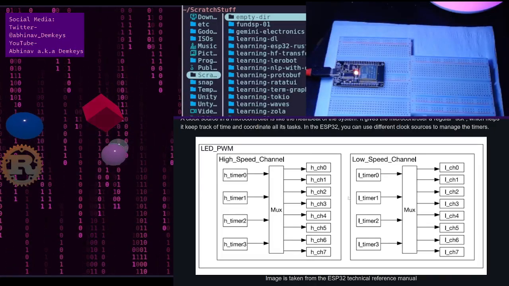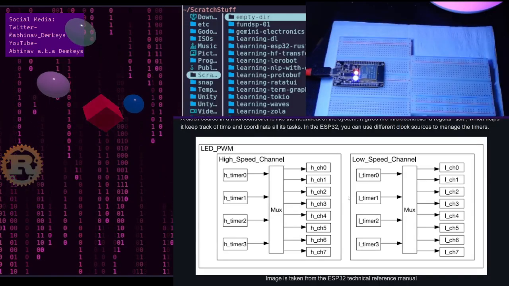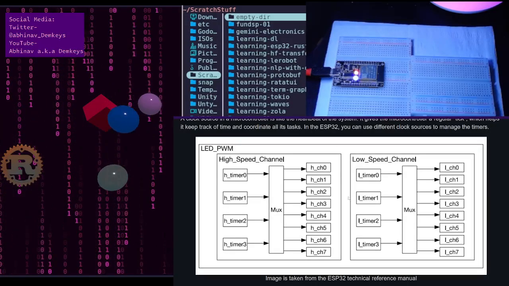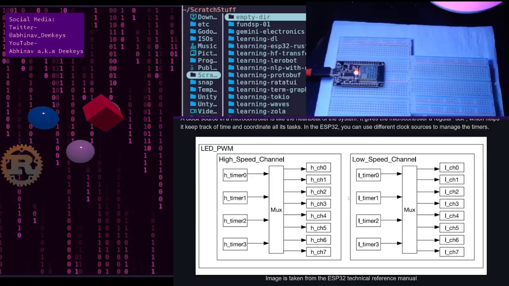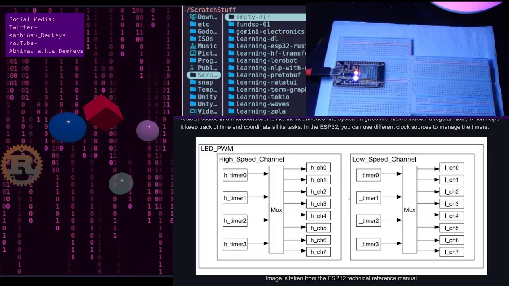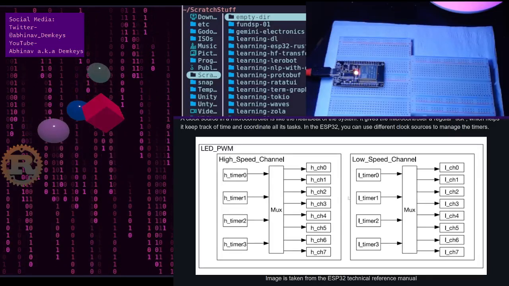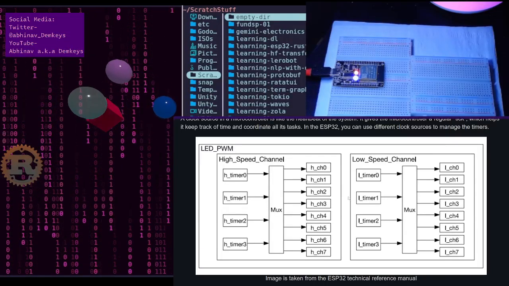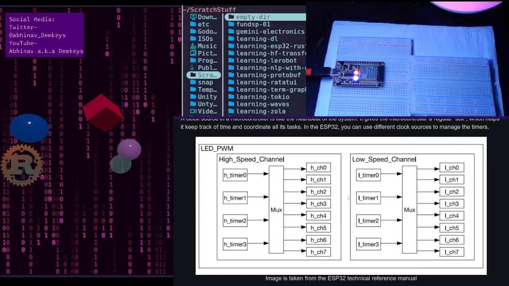I'm curious as to which section in the ESP32 TRM mentions how this hardware works. I've explored the reset and clock section, but that doesn't seem to dive too deep into LED PWM. Any idea?